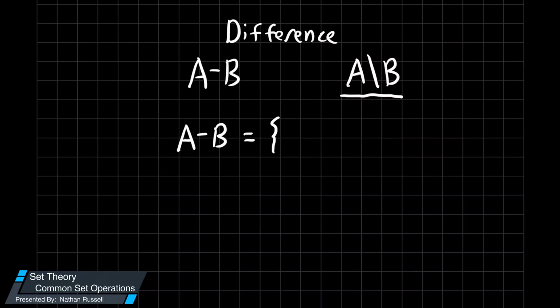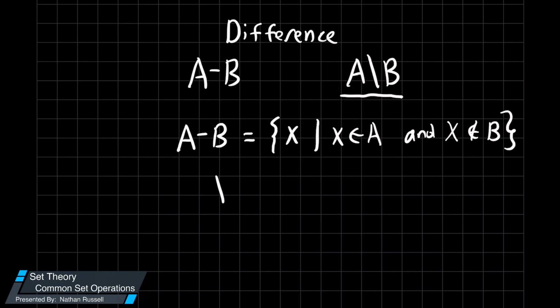It is the set of elements such that they are in A, they have to be in A, but they cannot be in B, and X is not in B. Okay, so what that means is, if we take a set, we're essentially removing elements from it that appear in another set. If that set has other elements that are not in A, we don't care about them.